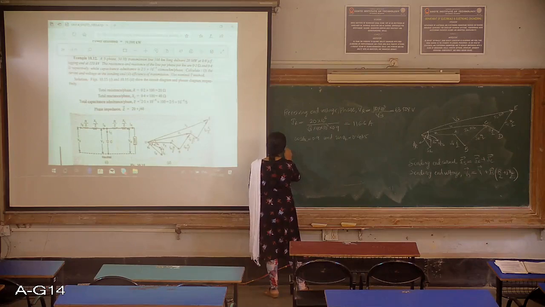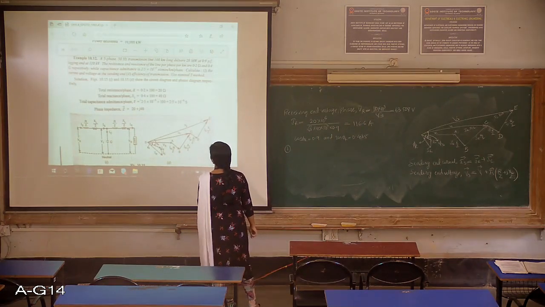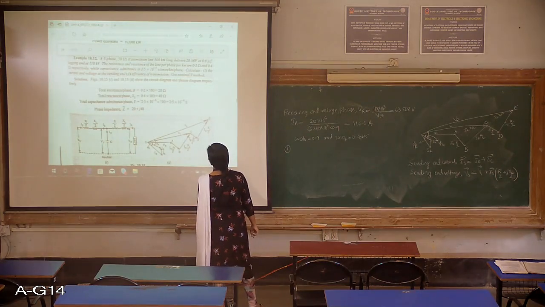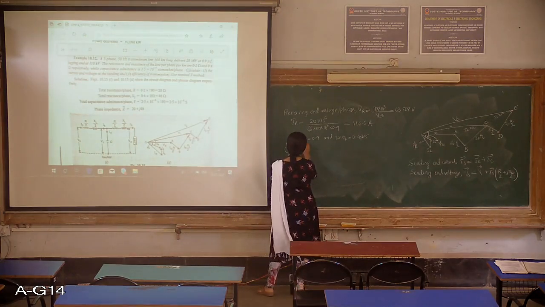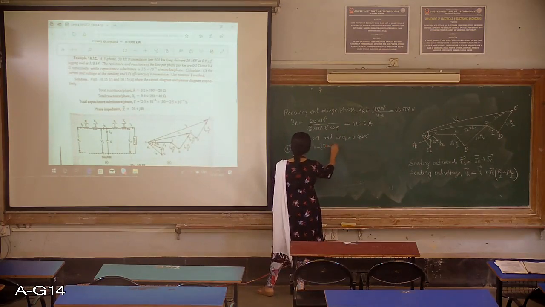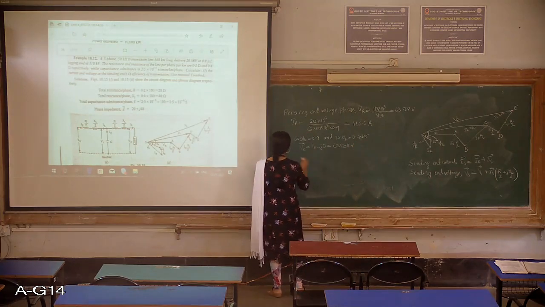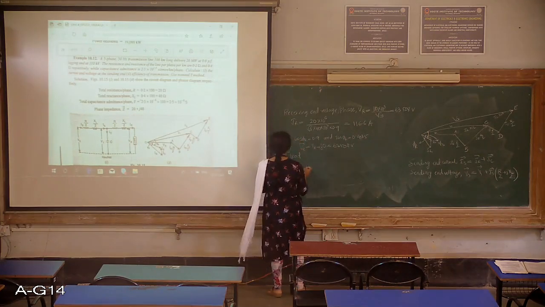So we will start with the first one. They want the current and voltage at the sending end. So VR is VR plus J0, which is 63,508 volts. For every expression I write, please refer to the phasor diagram.